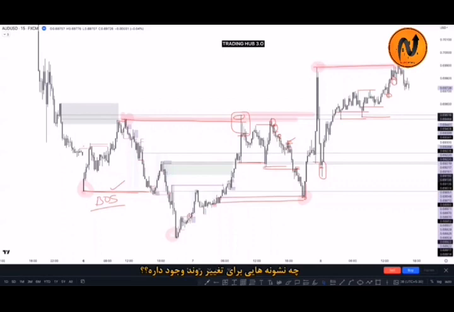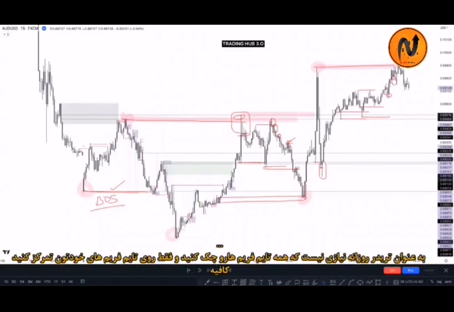Any early indication of trend change? Sir, to identify a trend change, there are a few indications: the market sweeps the high or low, right? Then it gives you an indication of a trend change. Another thing is, if the market taps any higher time frame PY, then the market changes, right?